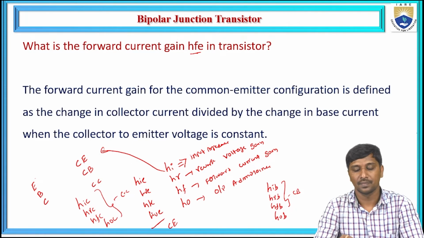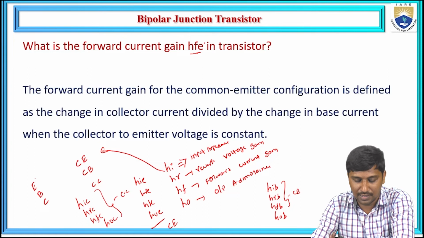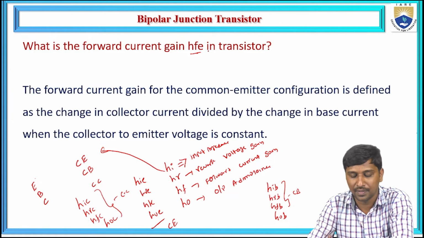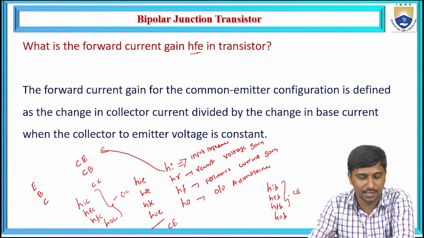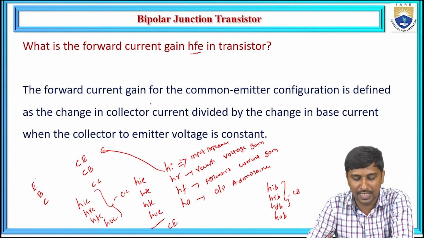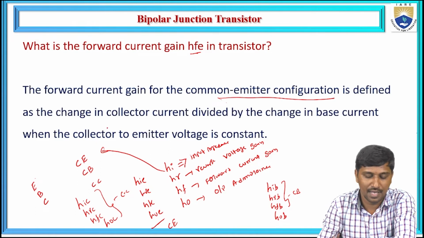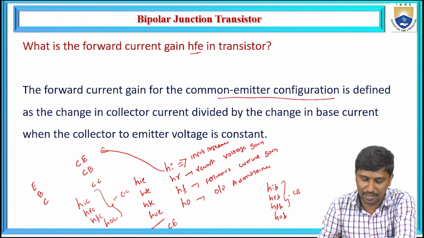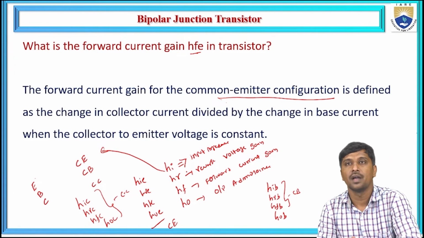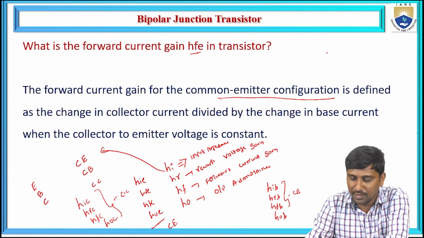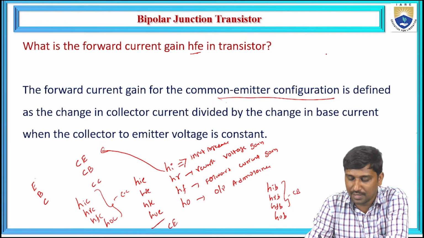Based on that, now we need to define HFE, which means forward current gain in a common emitter transistor. The forward current gain for the common emitter configuration is a ratio of output current to input current. Here we use the common emitter configuration, meaning the emitter is common for the input side and output side.